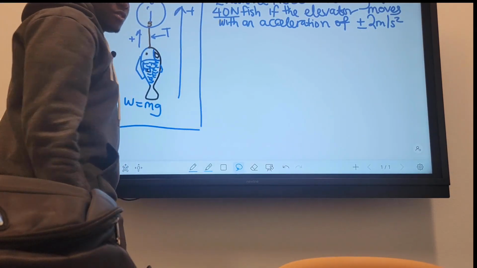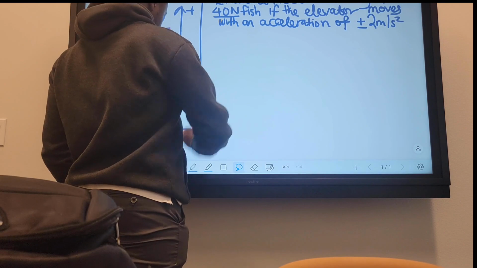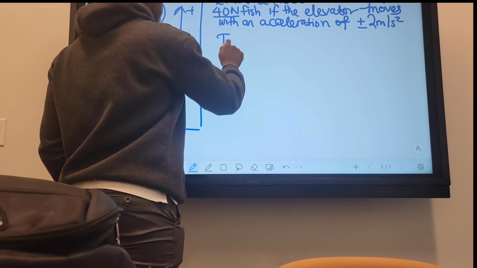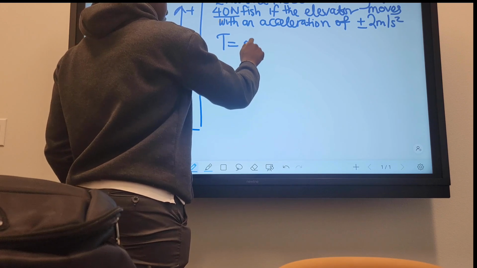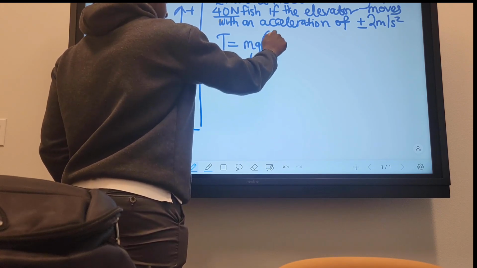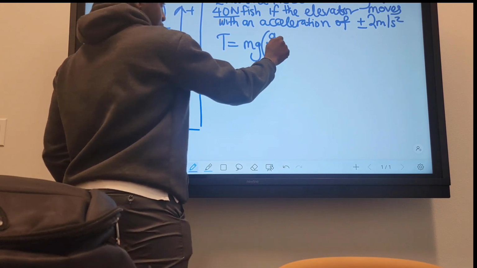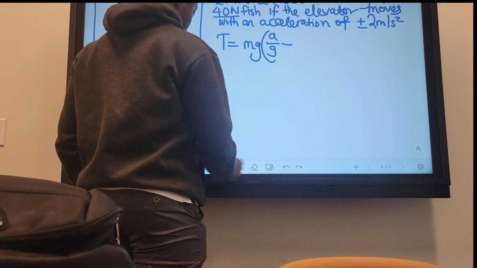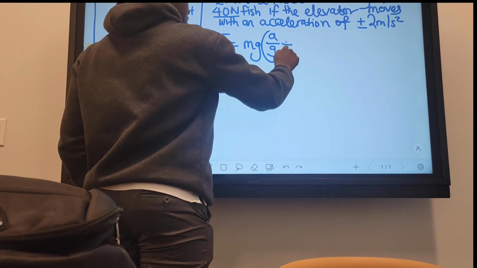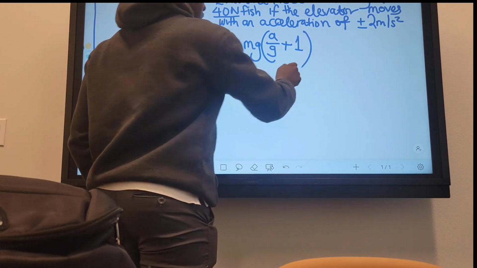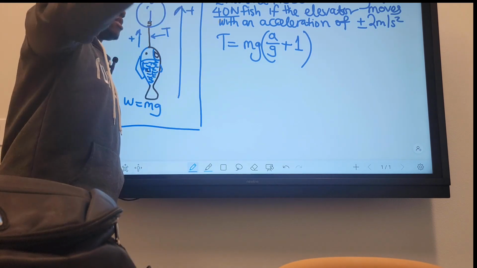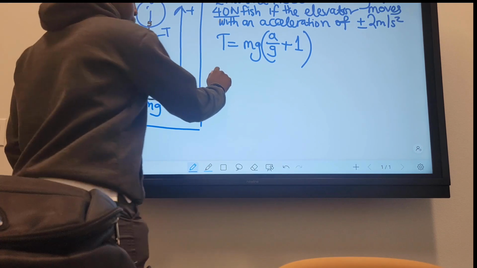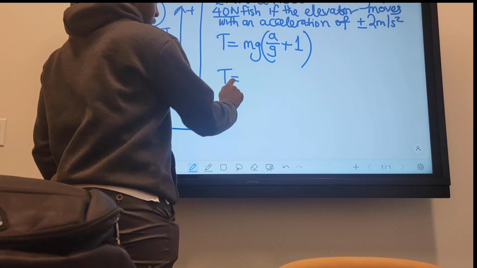Okay, so first of all, we go again with the formula. We have tension is equal to mass times gravitational force times acceleration over gravitational pull plus 1. Now let's see what happens as the elevator starts decelerating. So we'll have our tension, which is our weight.